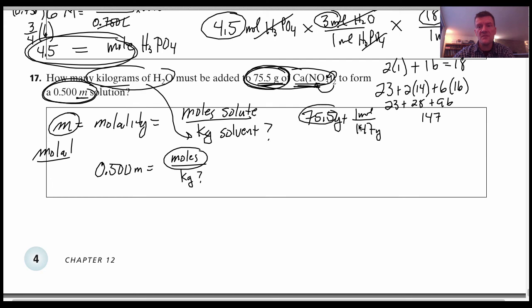So 75 divided by 140 is about a half. I'm just estimating, but you can do the actual calculation on your calculator. So this is around a half. So I know that I have half a mole. This 75.5 grams is about a half a mole of calcium nitrate. So that's going to go in here. So now I do have my moles.